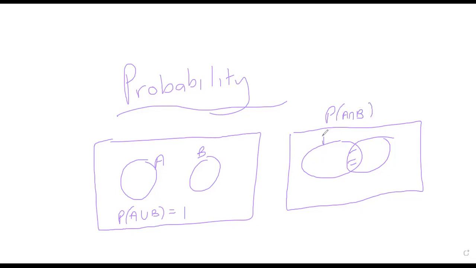Instead of just adding A and B to give the union, we're going to subtract the intersection, because it will be repeated. So now our A union B becomes the probability of A plus the probability of B, subtract the intersection. This is how the union set formula can be done.